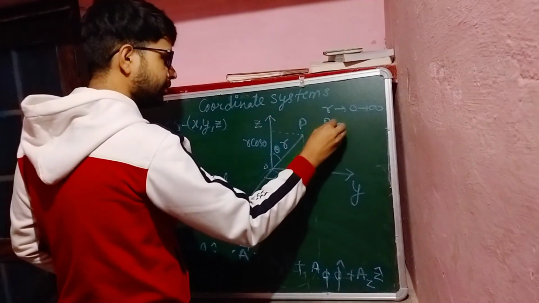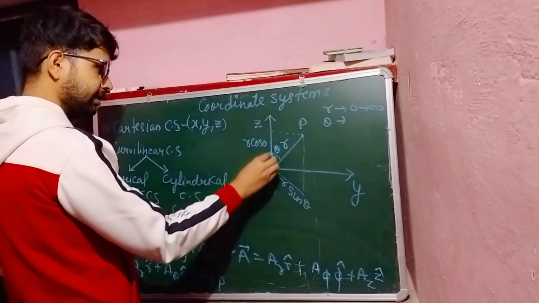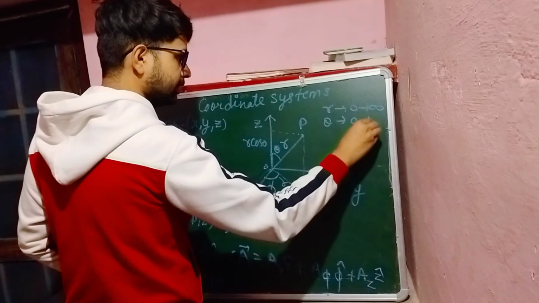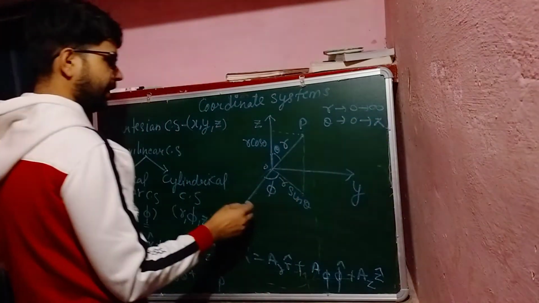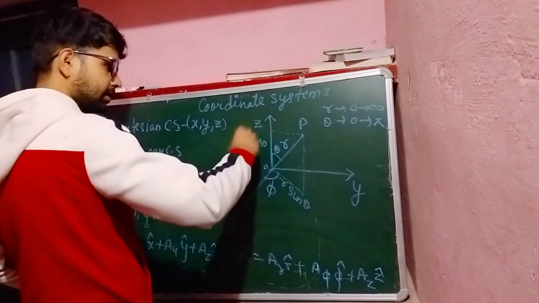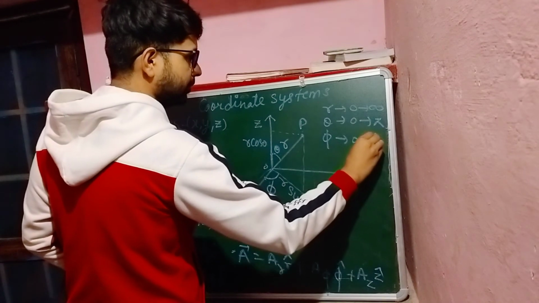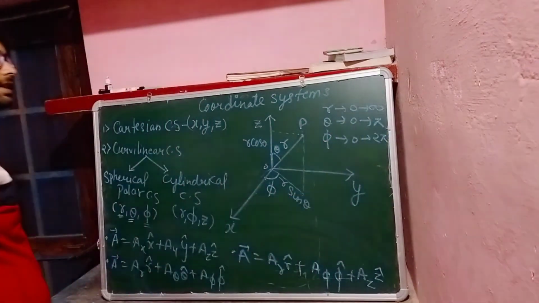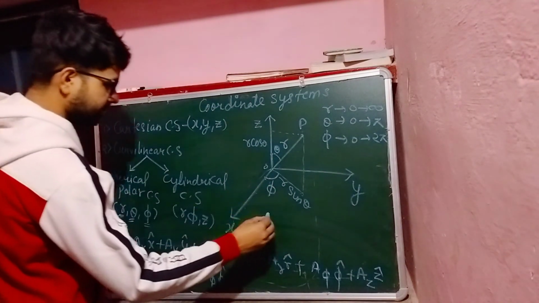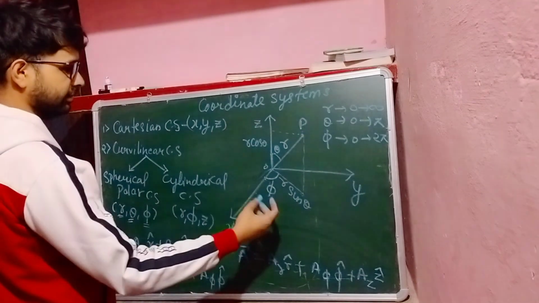Theta can vary from 0 to pi, and phi could go from 0 to 2 pi. While using integration, we have to use these limits. So the x coordinate in terms of sine and cos, and the y and z coordinates we have to write.